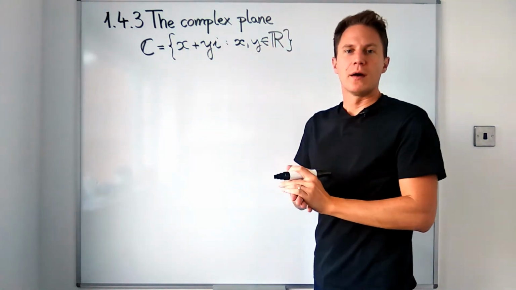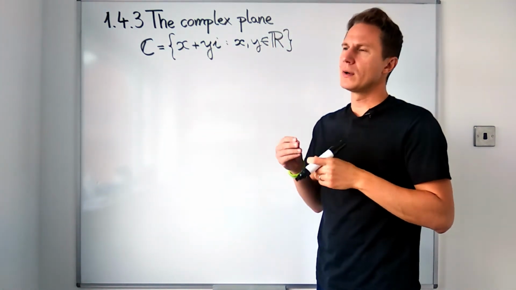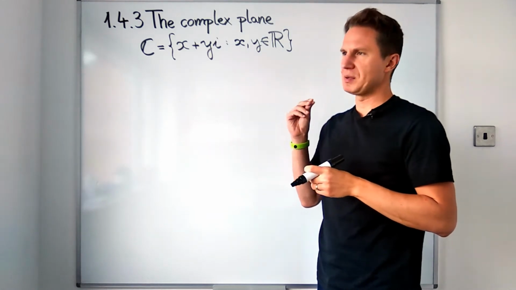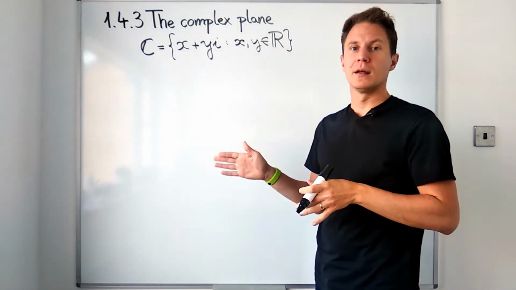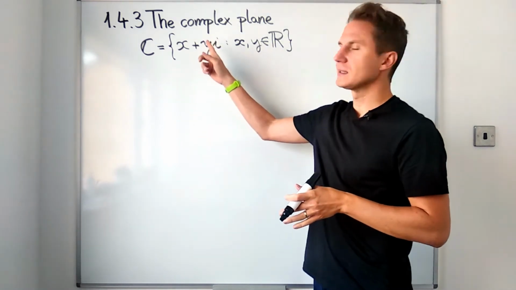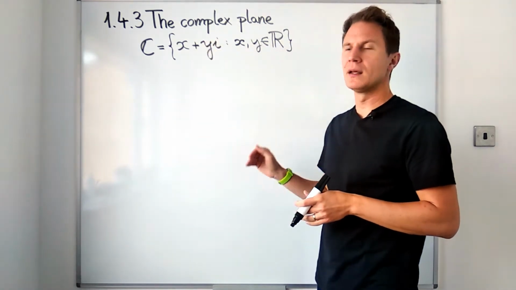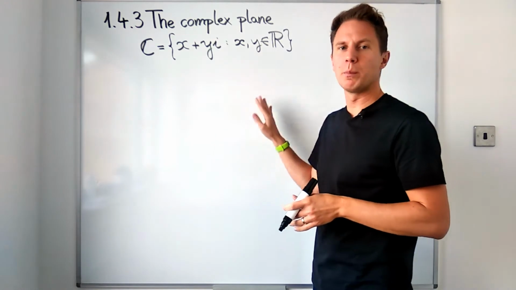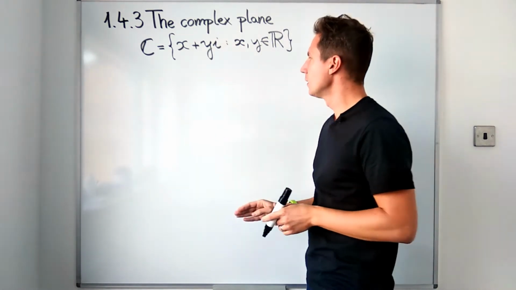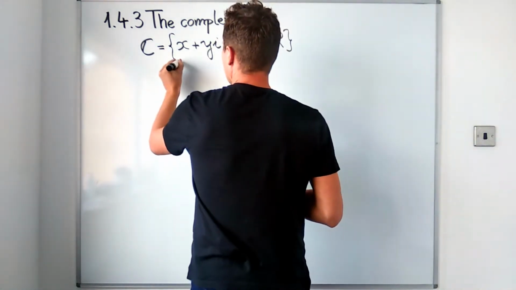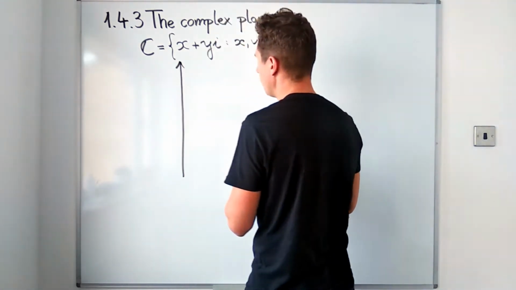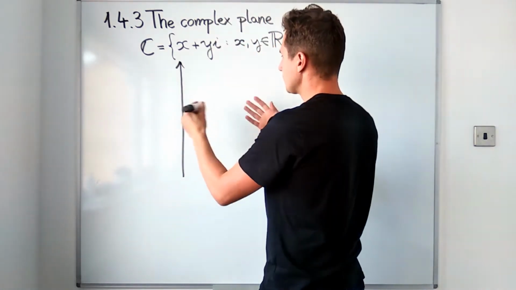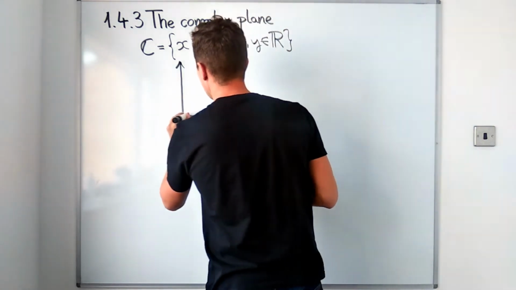And we have also seen that real numbers can be represented on the number line, on the real line, and in the same way, complex numbers can be represented on a two-dimensional plane, the complex plane. So this is how we can represent complex numbers visually as points on a plane.